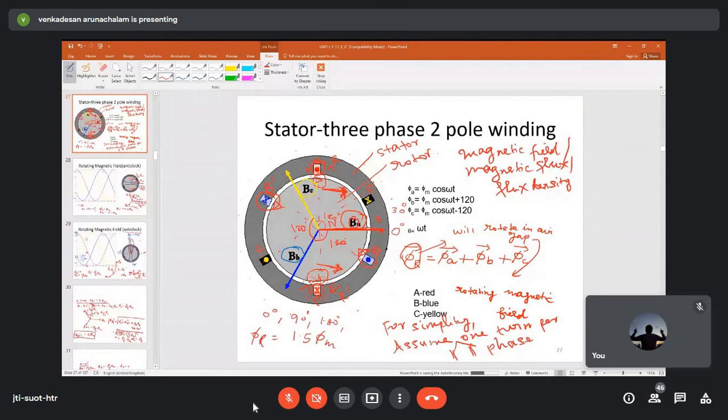So if you give voltages with frequency 50 hertz and the stator has 2 poles, the produced resultant rotating magnetic field will rotate at 3000 RPM. So it makes 3000 revolutions per minute. That fast it will rotate, right?